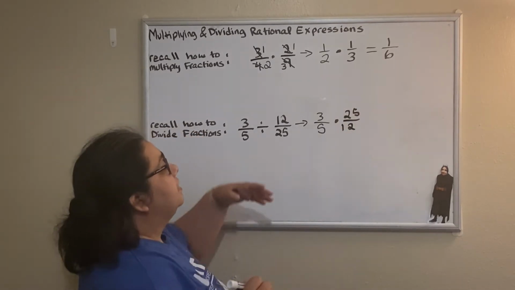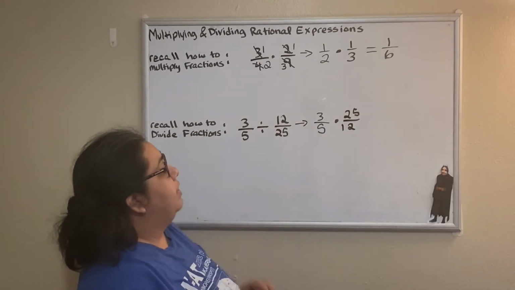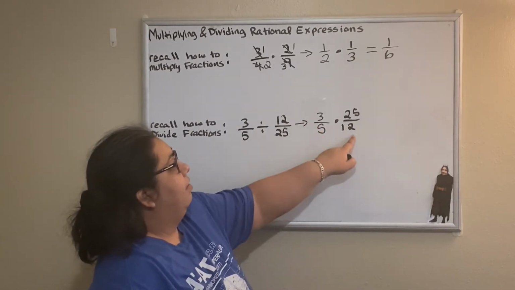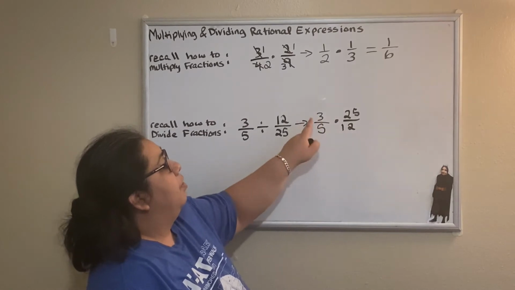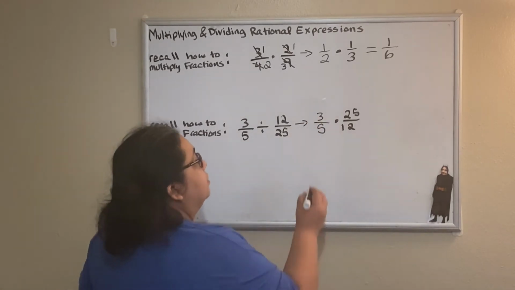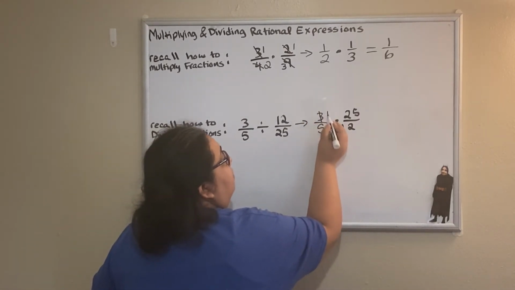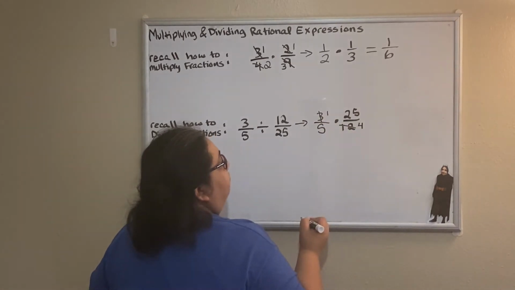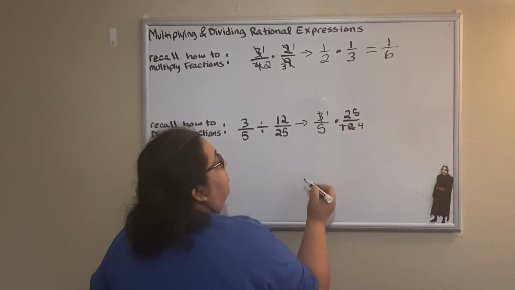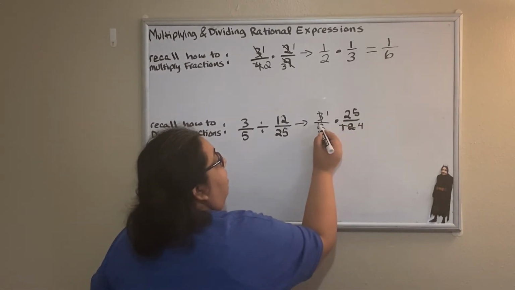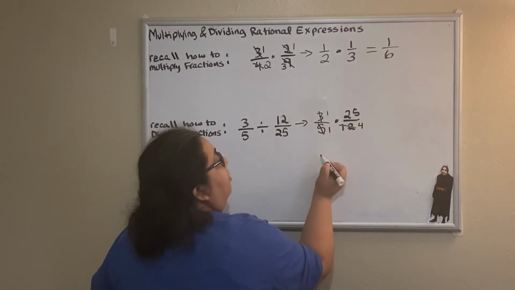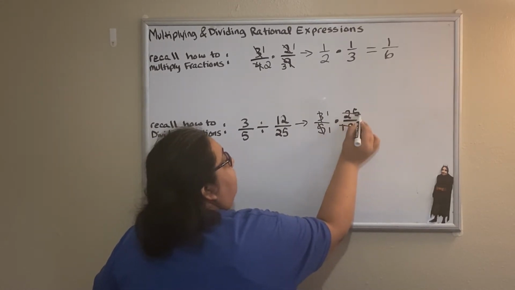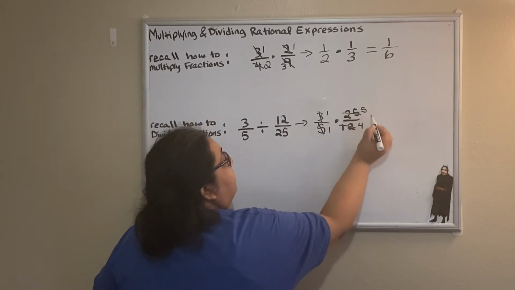And now, just like we reduced before, we're going to reduce again. In the numerator, I have 3. In the denominator, I have a 12. I can reduce both of those numbers by 3. So 3 divided by 3 is a 1, and 12 divided by 3 is a 4. And then I do the same thing to 5 and 25. 5 reduces by 5, and I'm left with 1. 25 reduces by 5, and 25 divided by 5 is 5.